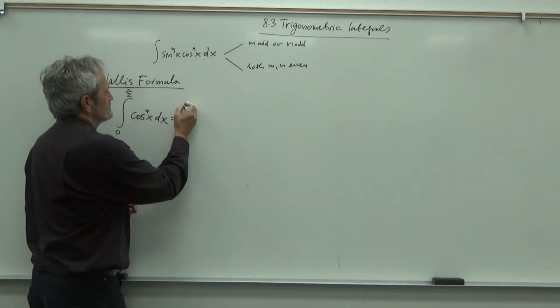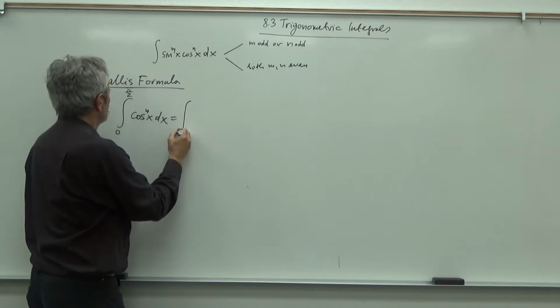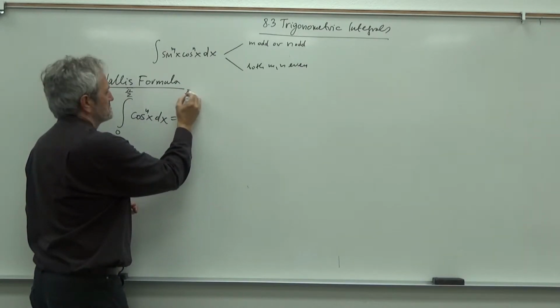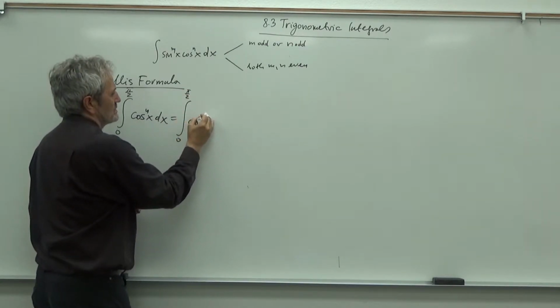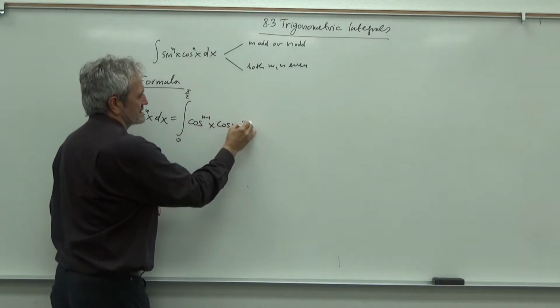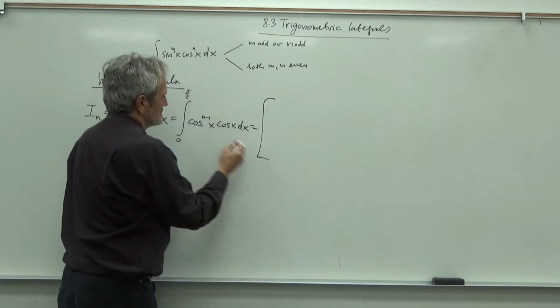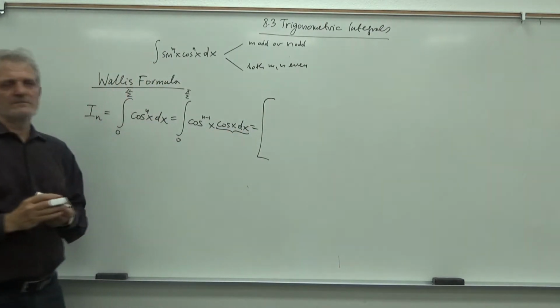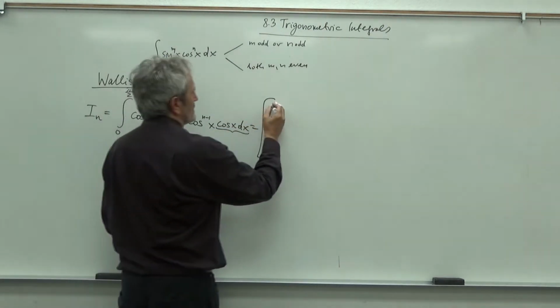And here's what we'll do. We'll do integration by parts in a somewhat strange way. So we'll get cosine to the n minus 1 of x. We'll split off one cosine x dx, and we'll use this cosine x dx to be dv. So we'll do integration by parts.